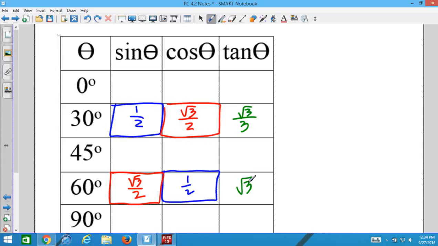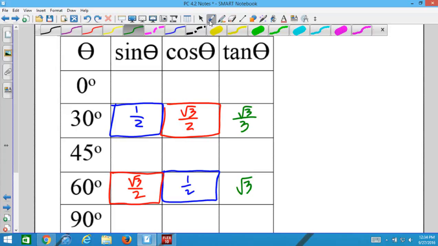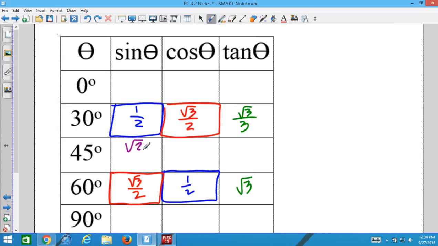It's got a 30, and all the 3s, and that's how I've linked those two together. All right, 45 degrees, both cosine and sine are the same. Square root of 2/2, square root of 2/2, memorize. And then 1 for tangent.